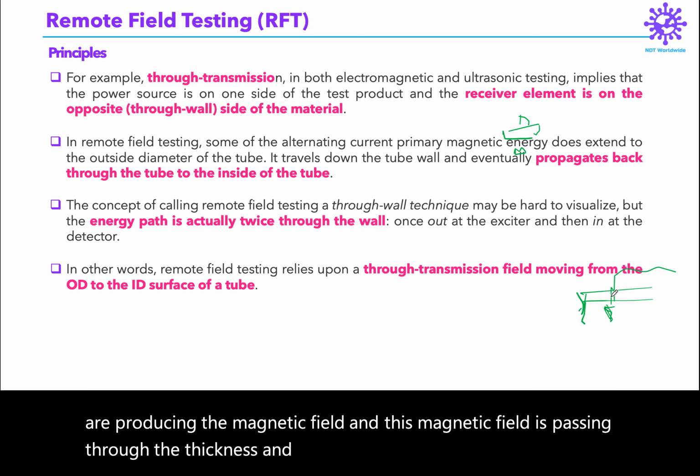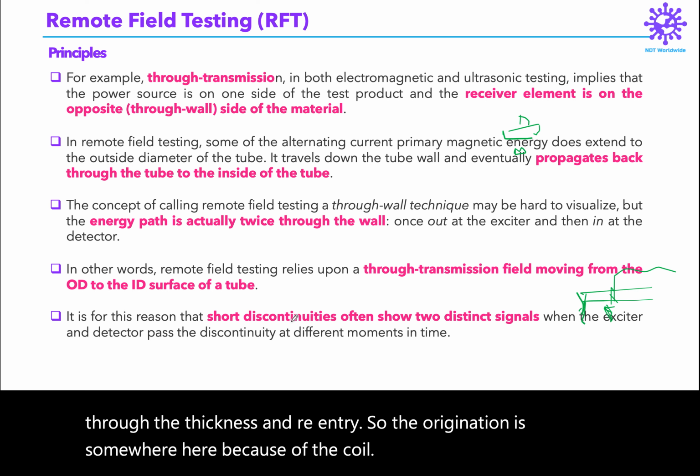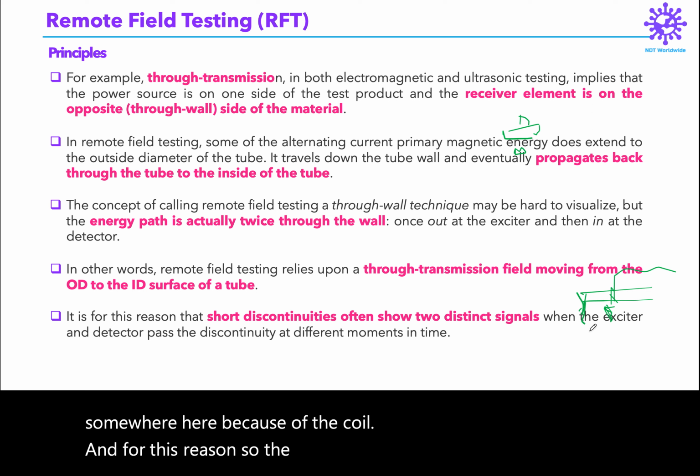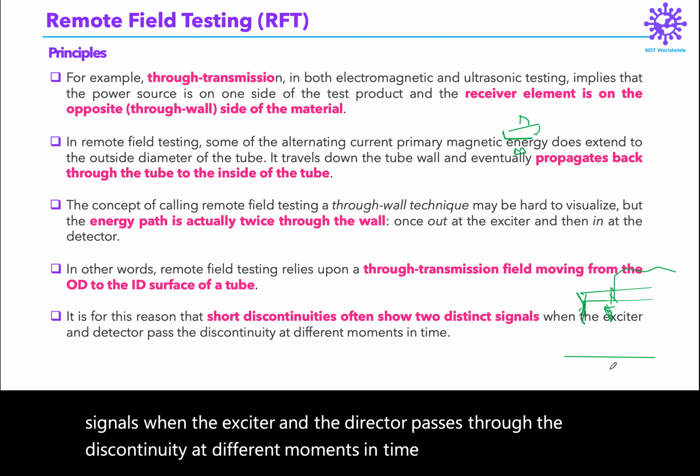So the origination is somewhere here because of the coil. And for this reason, short discontinuities often show two distinct signals when the exciter and the detector pass through the discontinuity at different moments in time. Sometimes the tube has a small discontinuity.